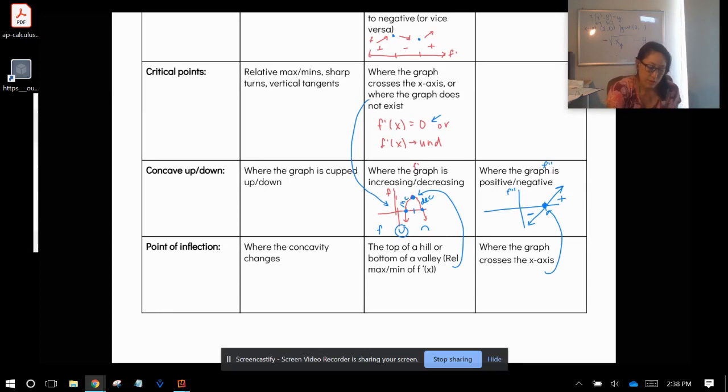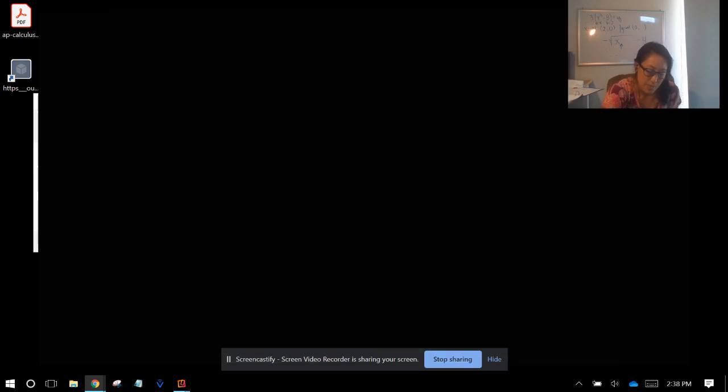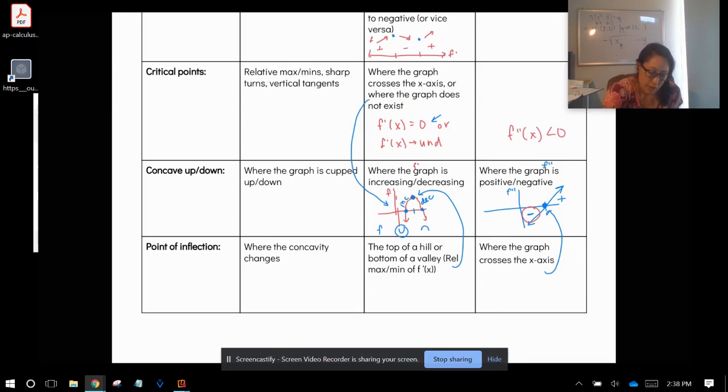And a second derivative, remember, it's just like taking the second derivative and applying the second derivative test. If the graph of the second derivative is negative, so when f double prime of x is less than 0, then the function is concave down.